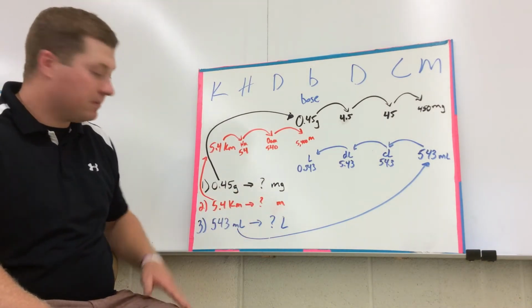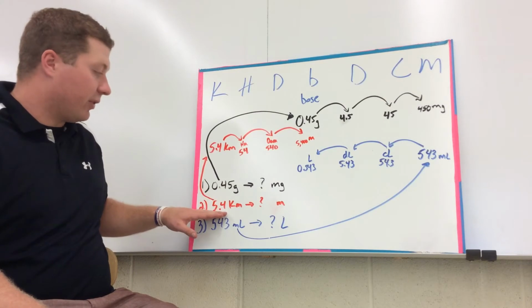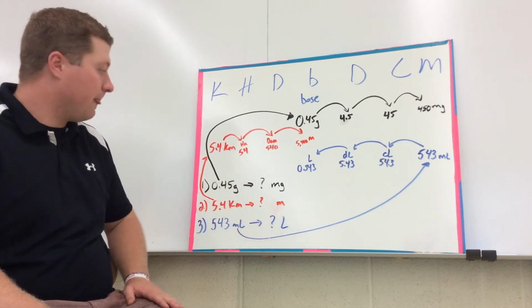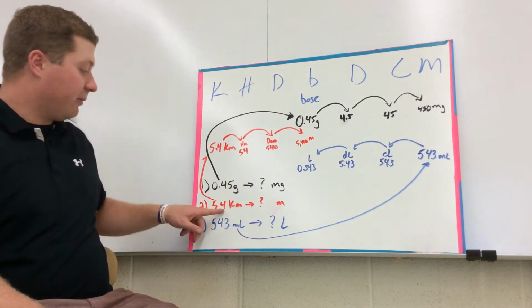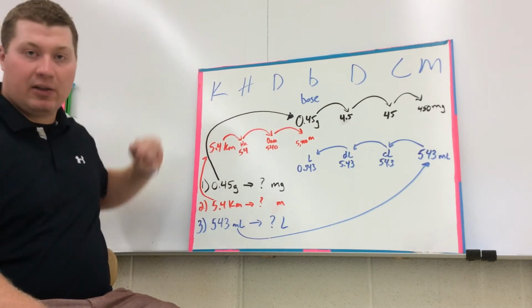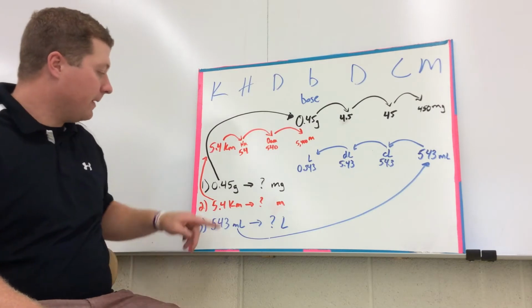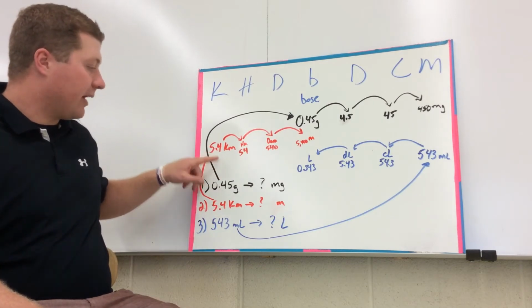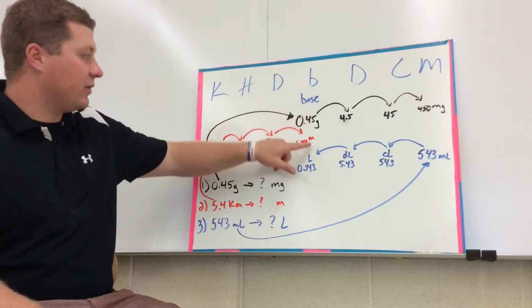Now the second one, we're going to do 5.4 kilometers to meters. I'm going to start by putting 5.4 kilometers under the K section of the graph, because that's where the kilo units go. So 5.4 is here, and we're going to meters, which is the base unit.